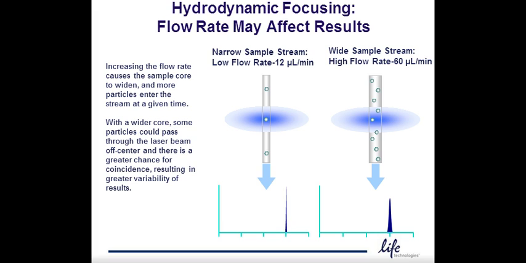This results in a wider distribution of data and higher CVs are obtained. This limitation, the trade-off of speed and sensitivity, has largely been accepted in flow cytometry, and the need to use a low flow rate for samples such as DNA content, where very precise results are required, is well known.